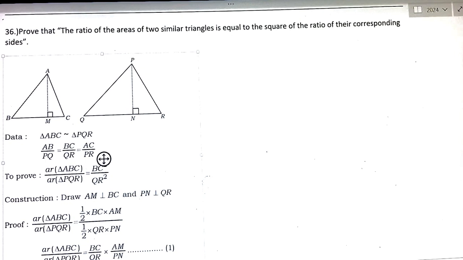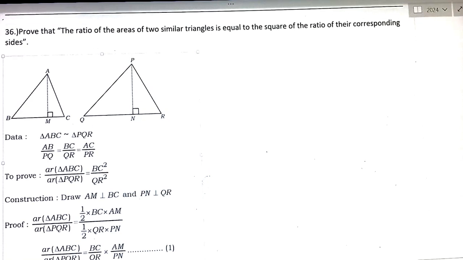In this triangle it is BC into AM, here it is QR into PN. So when we simplify, area of triangle ABC divided by area of triangle PQR is equal to, half and half get cancelled, so we are left with BC into AM divided by QR into PN.